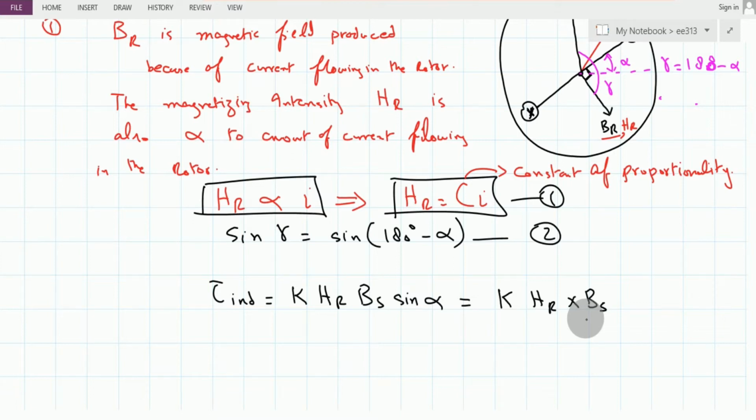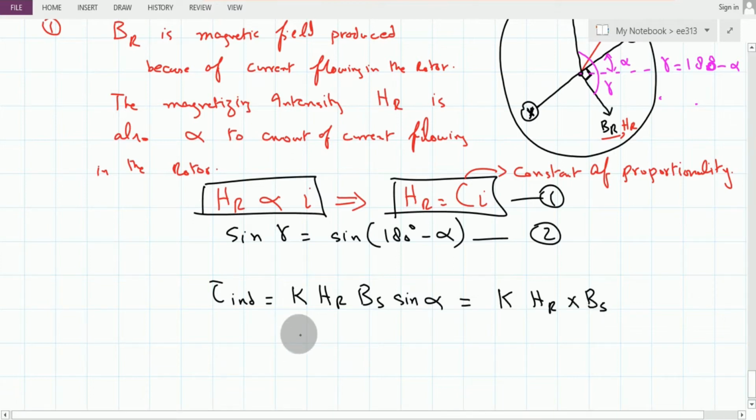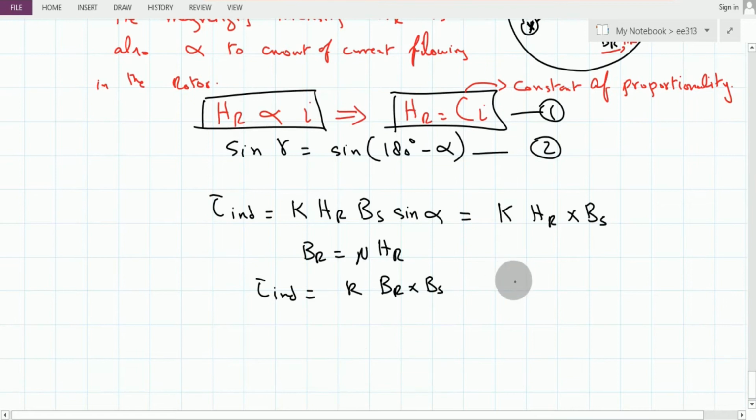Now because we know that the magnetic field intensity and the density are related by BR is equal to mu into HR, the torque induced is equal to K times BR into BS, where this K is equal to K by mu.